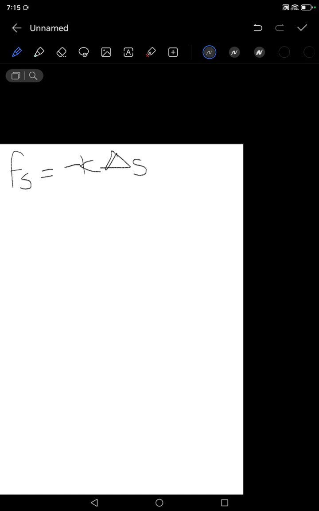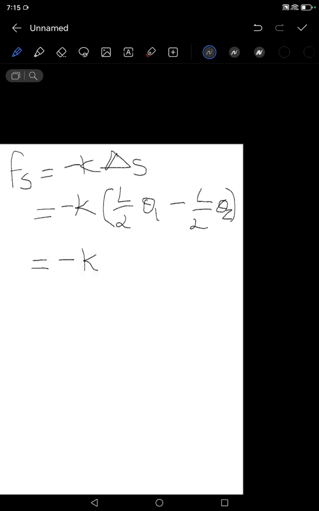So we substitute our extension here and get negative K multiplied by L over 2 theta 1 minus L over 2 theta 2. Then we can take out the common factor of L over 2, and we are left with negative K L over 2 into theta 1 minus theta 2. So this is the spring force.